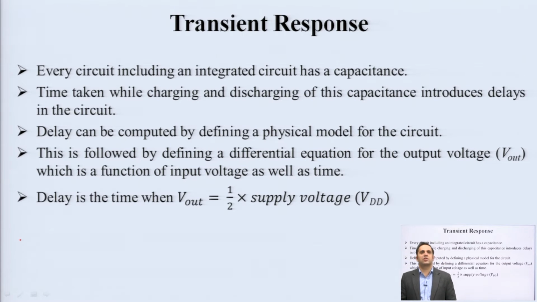It is going to be a function of input voltage and it is going to be a function of time. And once you have this differential equation, you solve this differential equation, and after solving, you put the output voltage as equal to half of the supply voltage, and the time at which it happens is your propagation delay inside an IC.